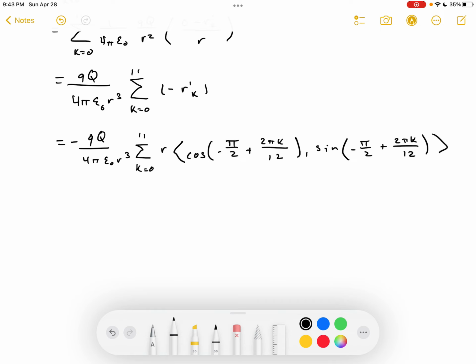And then we get negative q times big Q over 4 pi epsilon naught r squared, sum from 0 to 11, cosine of k minus 3 pi over 6.